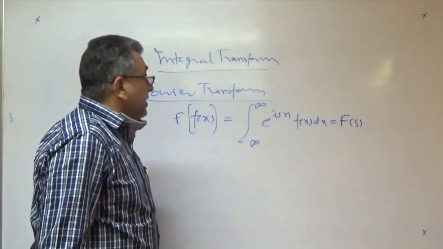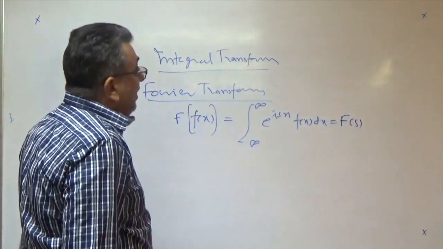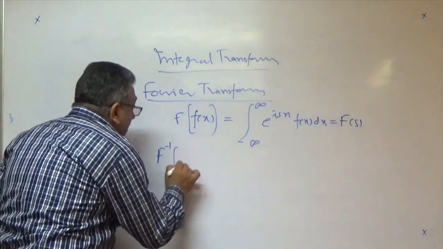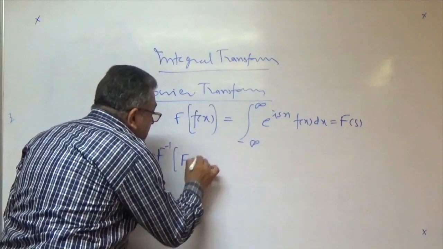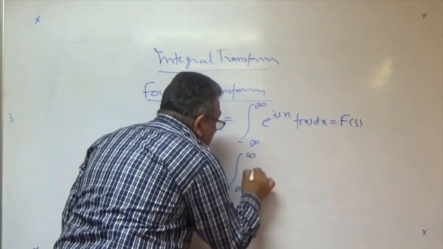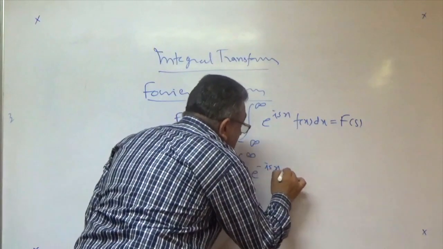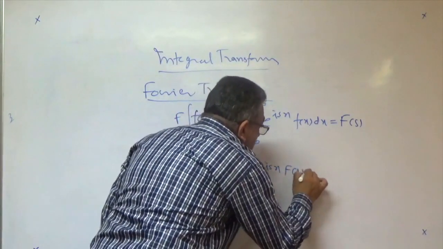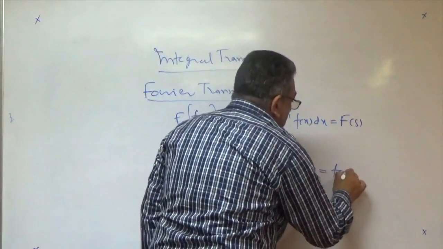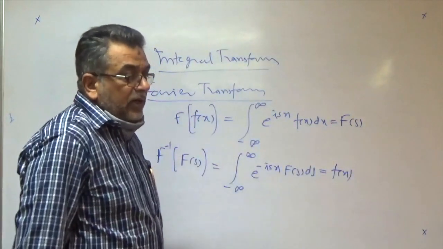This is the Fourier transform. Then I also defined the inverse Fourier transform, that is, F inverse of F(s) is defined as the integral from minus infinity to infinity of e to the power minus sx F(s) ds, and this is the value of f(x). This is the inverse Fourier transform.